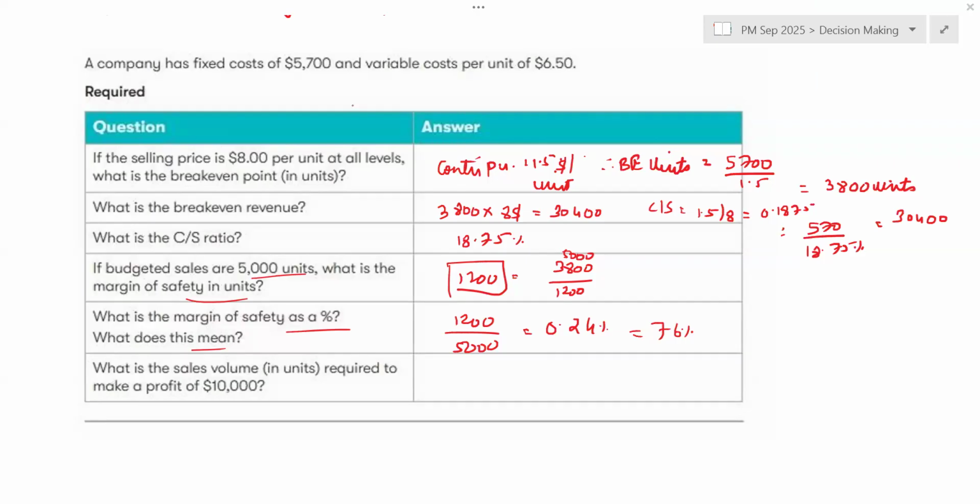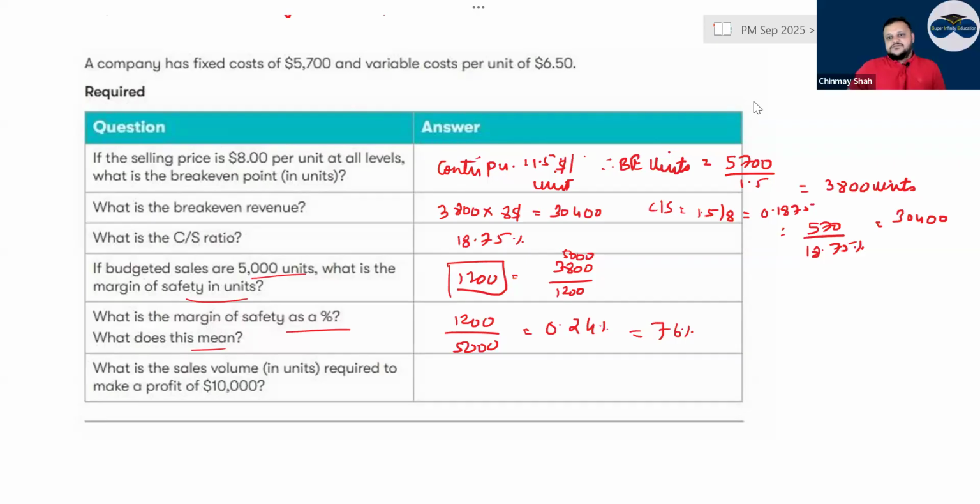Last question: what is the sales volume required to make a profit of 10,000? Are they asking total sales or margin of safety sales?